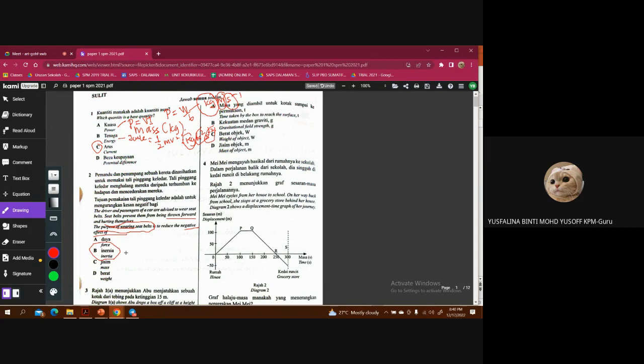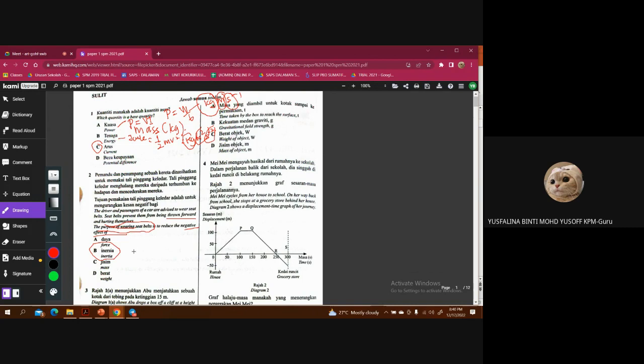Inertia is the tendency of an object to remain in its original state, whether moving or stationary, unless there is a force exerted on it. If moving with constant velocity, it will still move with constant velocity, but if it's stationary, it will remain stationary.